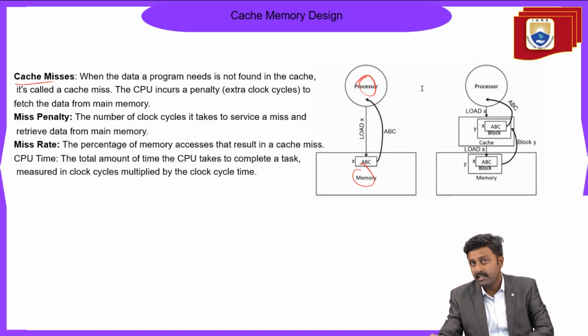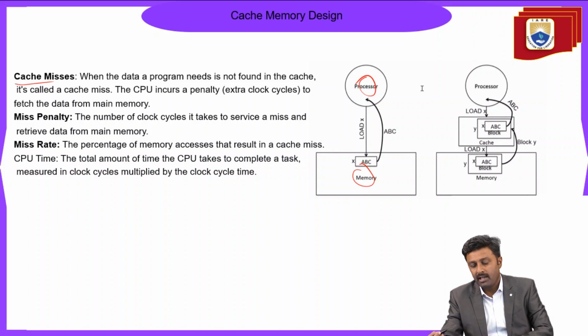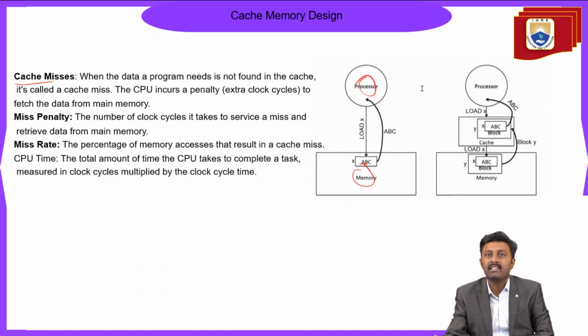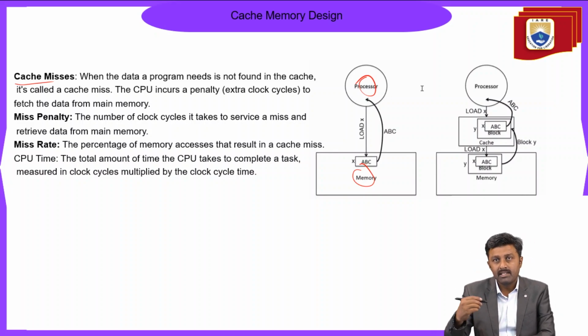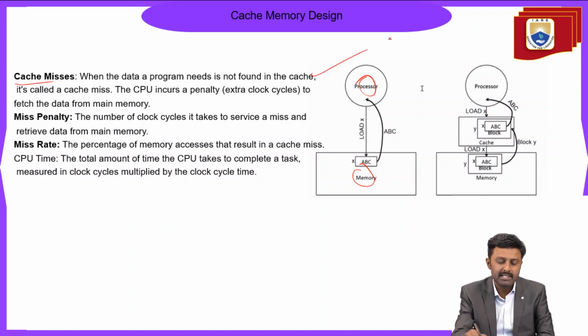A cache miss happens when the data of the program is not found in the cache memory. If the processor requests something and the cache does not have it, it is called a cache miss. The CPU incurs a penalty, that is extra clock cycles, to fetch the data from the memory.